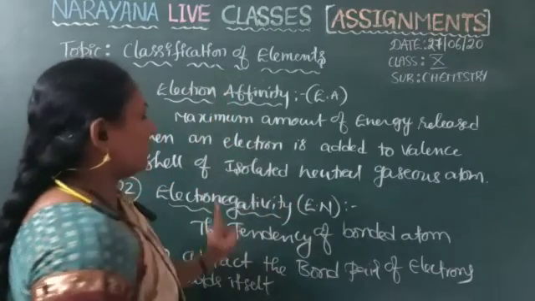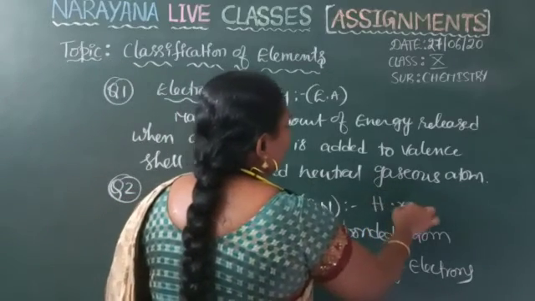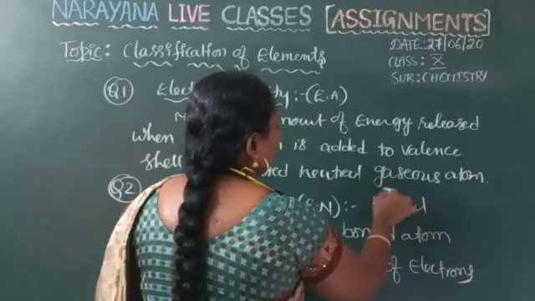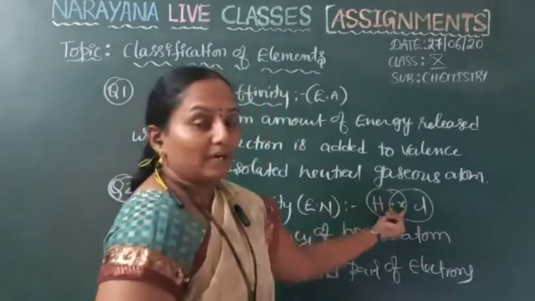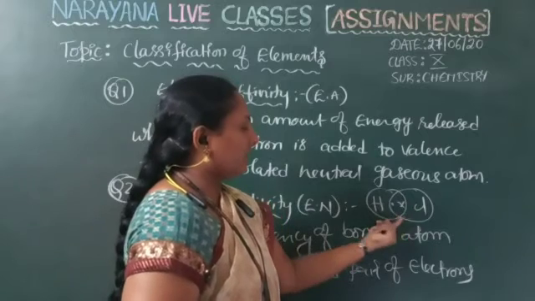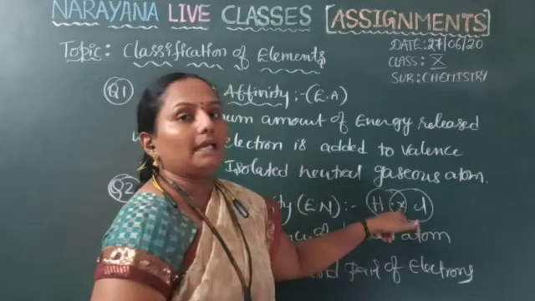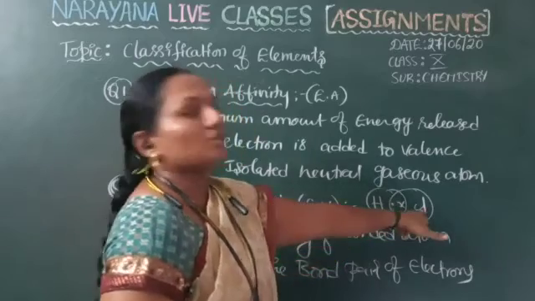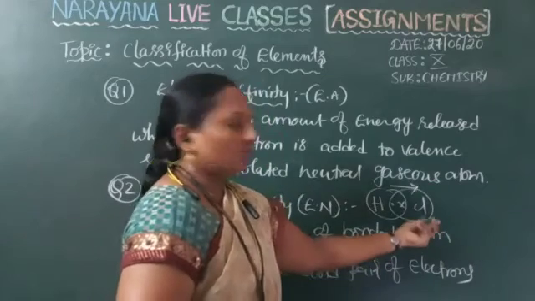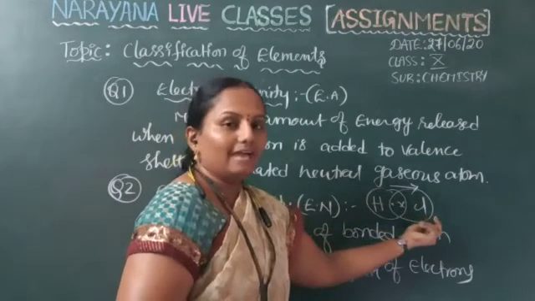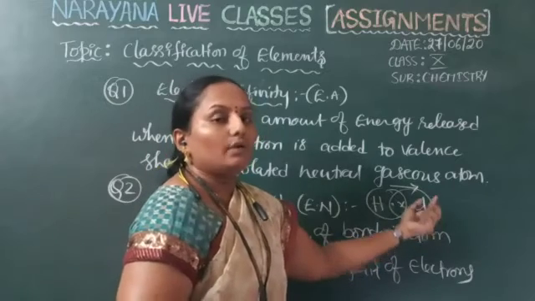Whereas in the case of electronegativity, if you take the example of HCl, the bond is formed by the sharing of electrons. The shared pair of electrons is attracted more towards the chlorine atom, because it has a high electronegative nature.